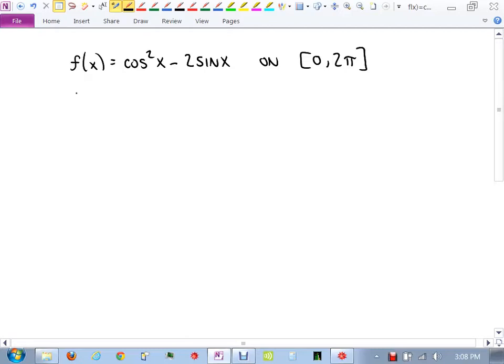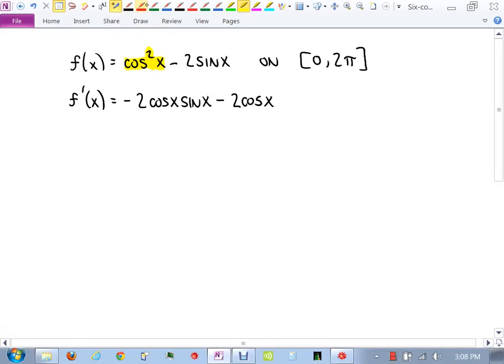All right, first derivative is -2 cosine x sine x minus 2 cosine x. So what I had to do here, remember on cosine squared x, that's chain rule, isn't it? Something squared.